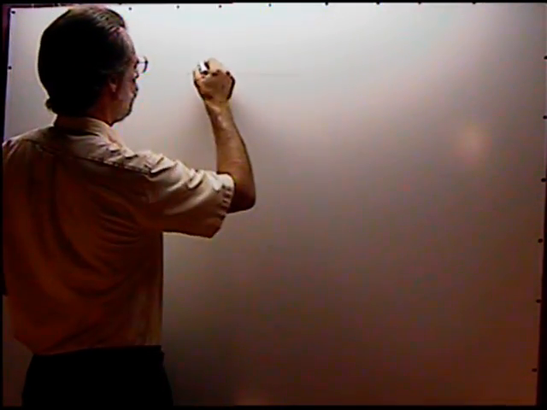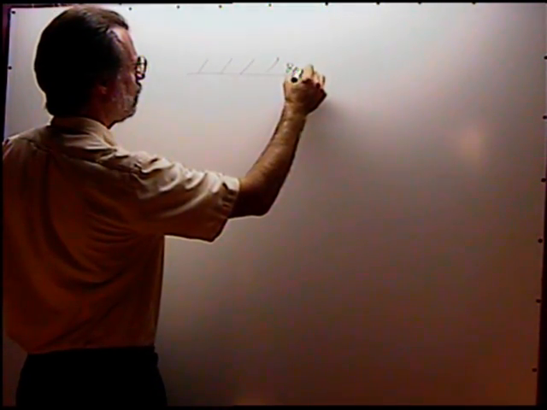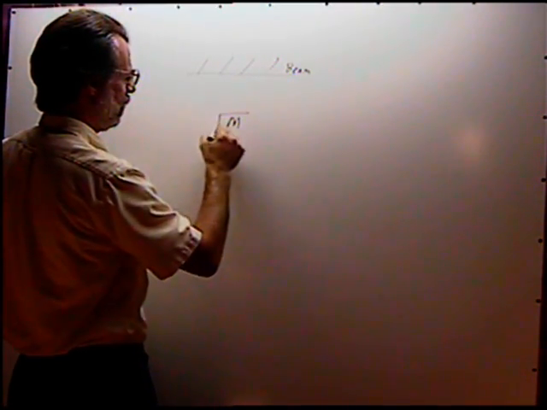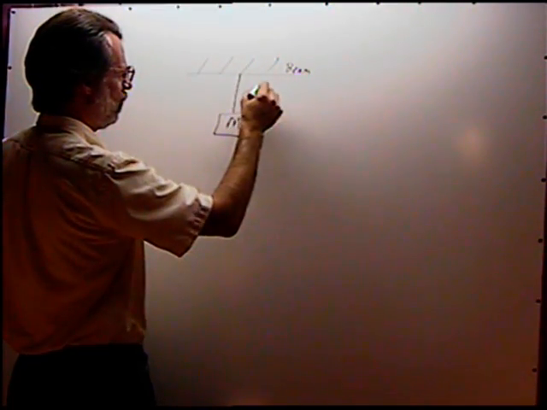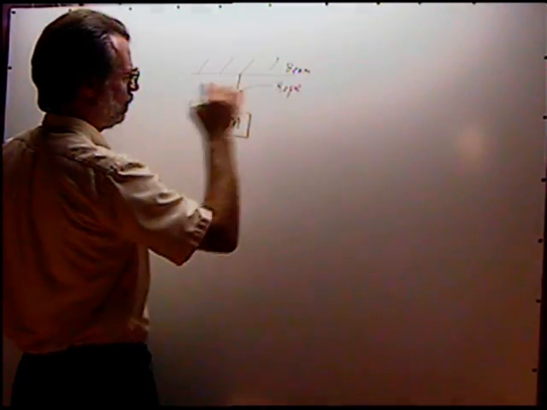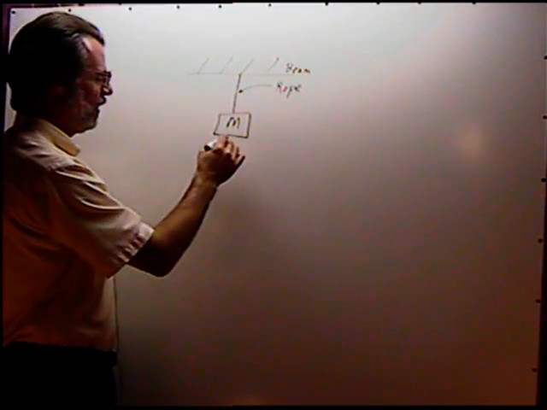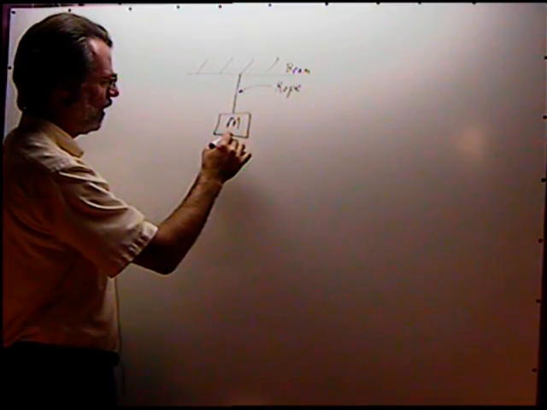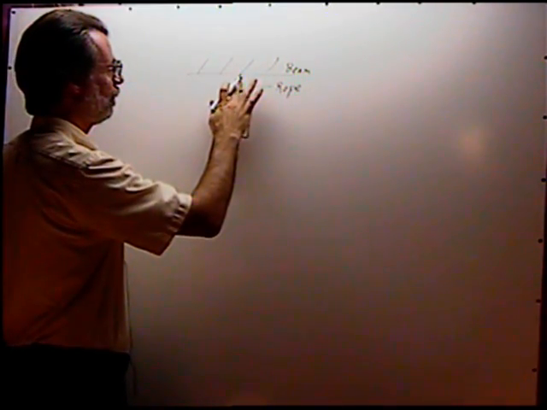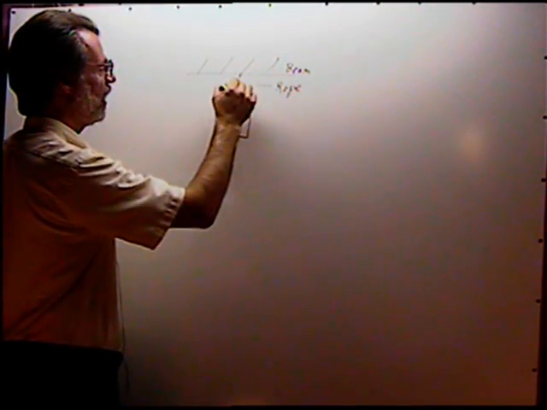For instance, here's a ceiling, or maybe a rigid beam, and we have an object, some mass, hanging from a rope. Now we can draw what we call a force diagram. The rope is represented by this dotted line.